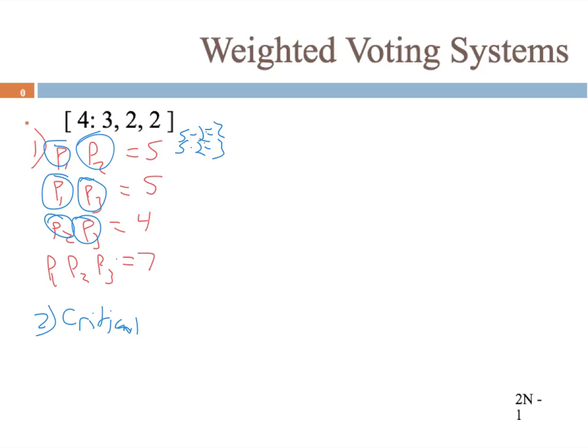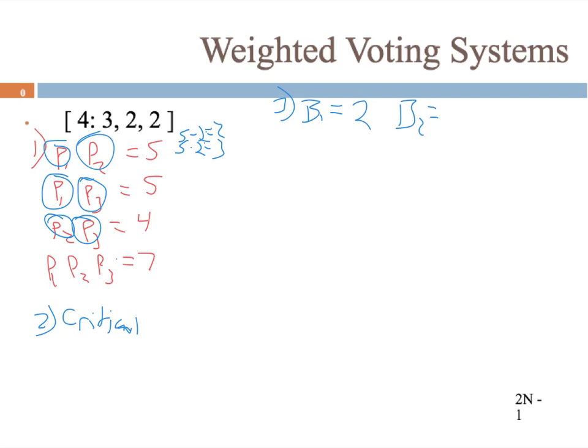If we were to drop player 2, player 1 and player 3 would have it, and so no one is critical there, and so we're done with that step. Step 3, so we're going to find B1, sorry, I should say, not beta 1, B1. That's the number of times player 1 is critical, and that is twice.